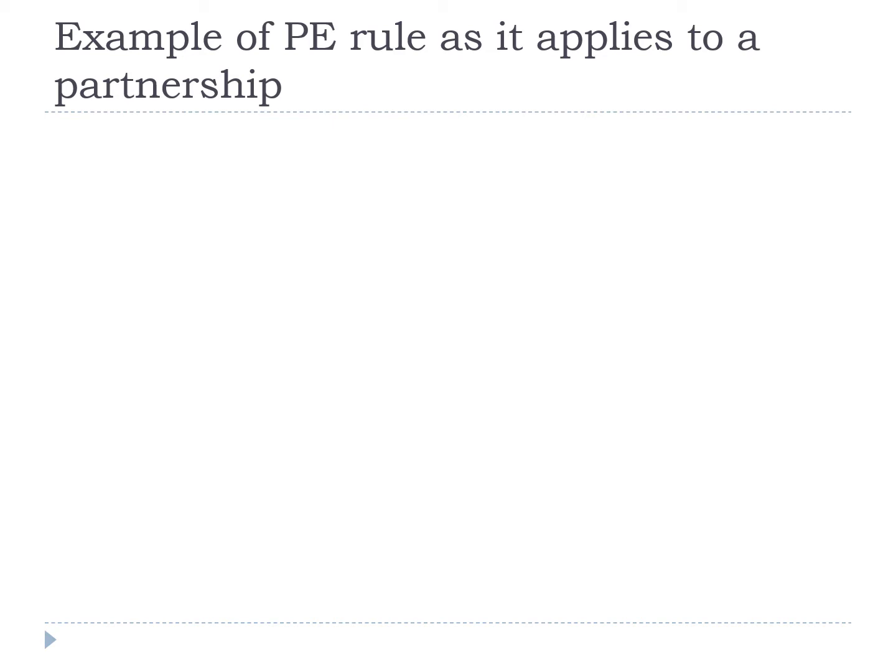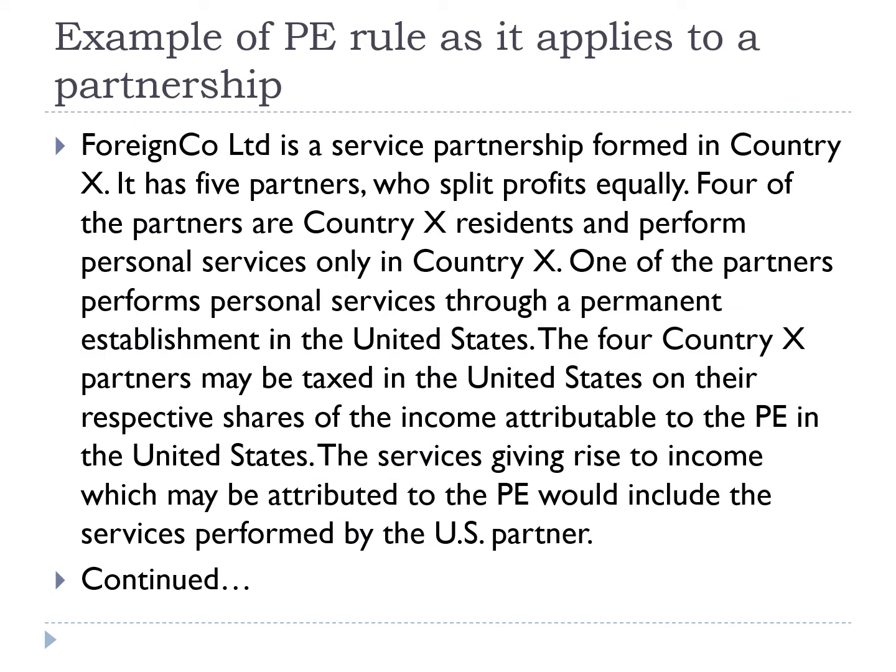Here's an example of the permanent establishment rule as it applies to a partnership. Foreign Co. Limited is a service partnership formed in Country X. It has 5 partners who split profits equally. 4 of the partners are Country X residents and perform personal services only in Country X. 1 of the partners performs personal services through a permanent establishment in the United States.